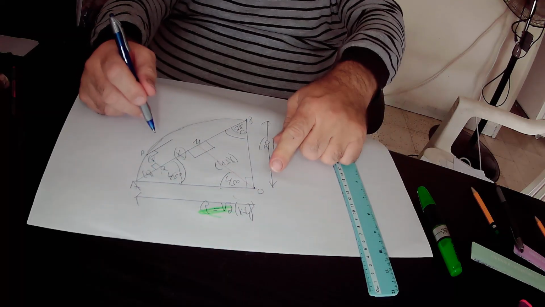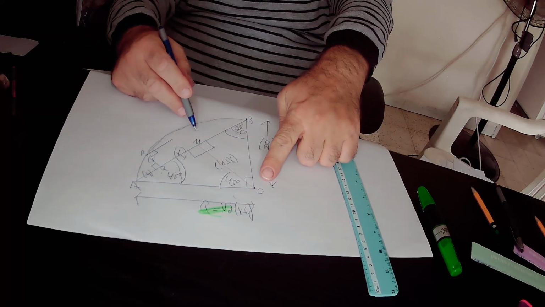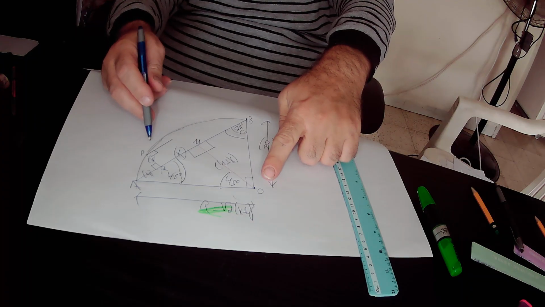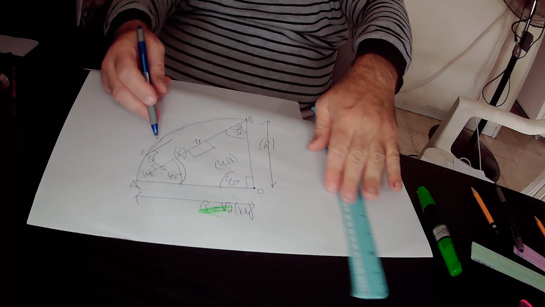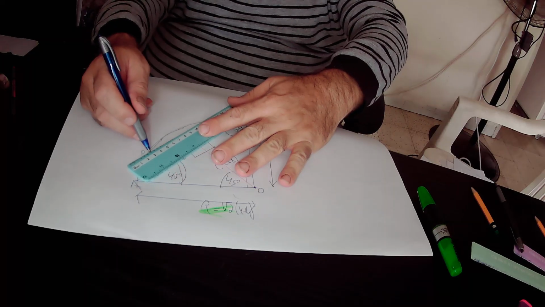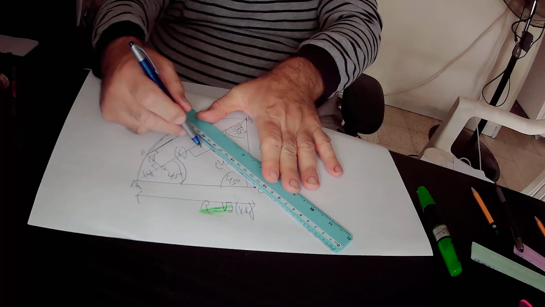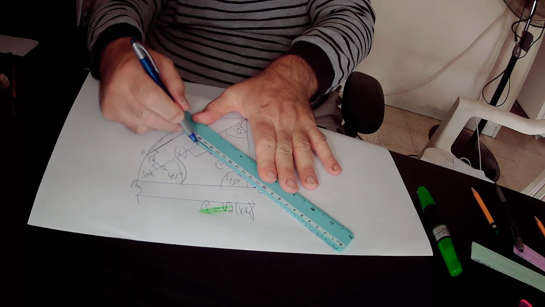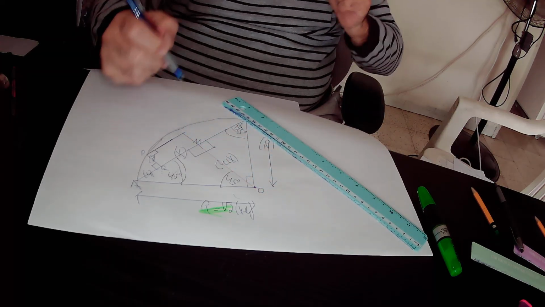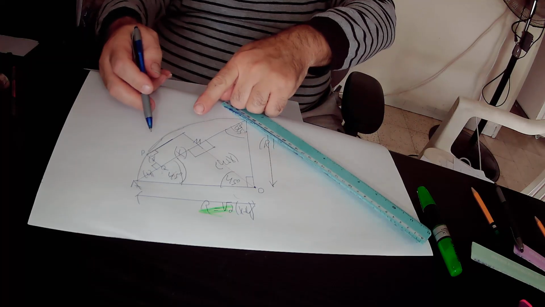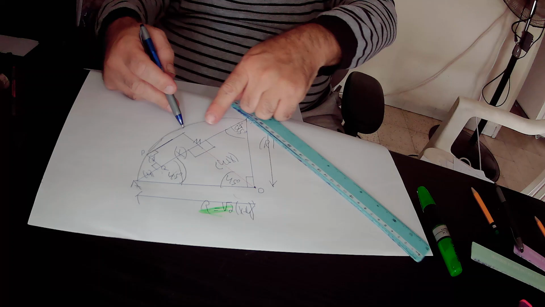And we will extend the perpendicular OM by a side line until it touches the extended perpendicular from point P. And we will define the touching point of the extended perpendicular OM with the perpendicular from point P. This point is point N.